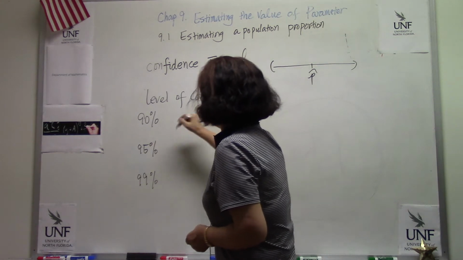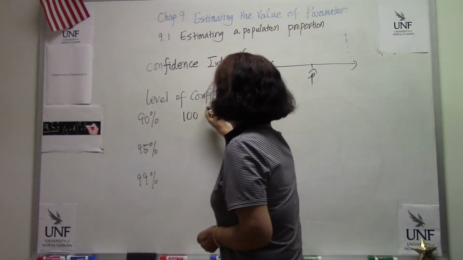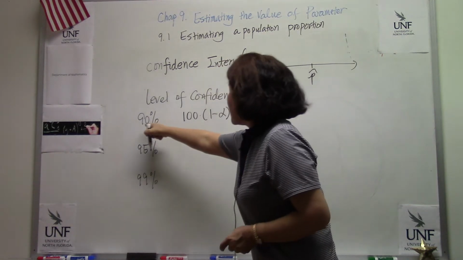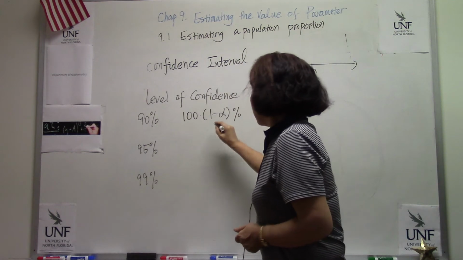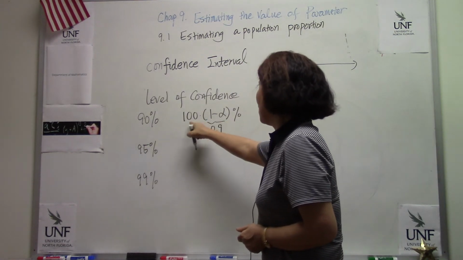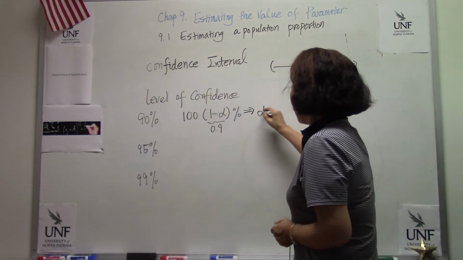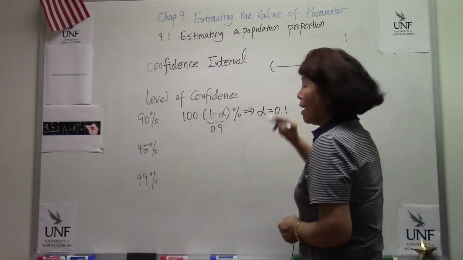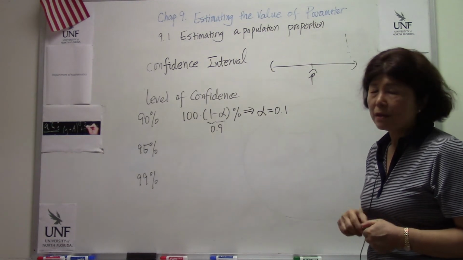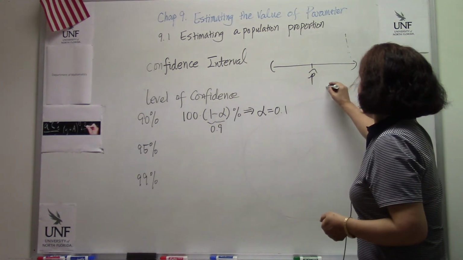The level of confidence is expressed as 100 times (1 minus alpha) percent. If that is 90%, then 1 minus alpha is 0.9, and 0.9 times 100 is 90. That means alpha equals 0.1. Have you seen alpha in this class? We saw z sub alpha a while ago.